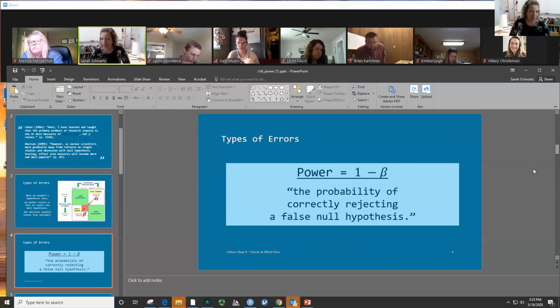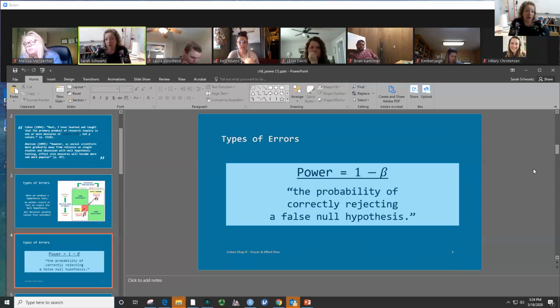Now, if we have COVID patients and we want a drug that's going to help them with their respiratory disease, if we give no one the drug, some of them are going to get better. But we want to know, if we give other people drugs, will more get better than would without it? So that's a comparison. So the power is the probability, so it's like a chance, of correctly rejecting the null hypothesis.